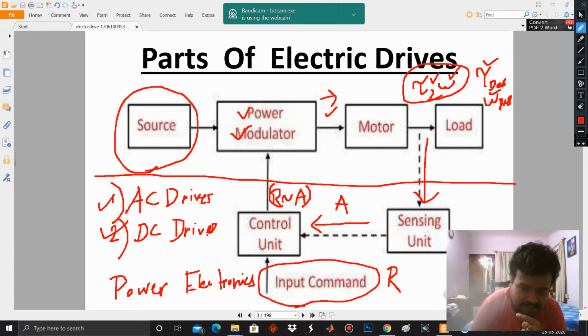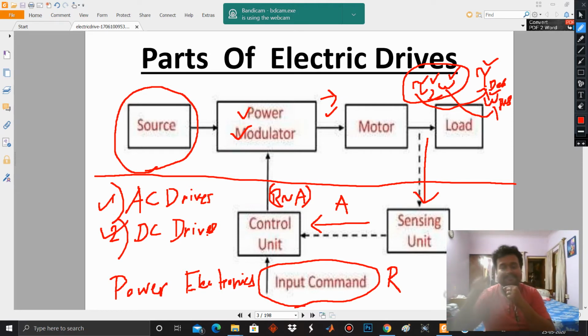The difference between R and A will exist until and unless the value of this tau reaches tau des and this omega reaches the value of omega des. The moment the torque and speed value reaches this desired value, what will happen?